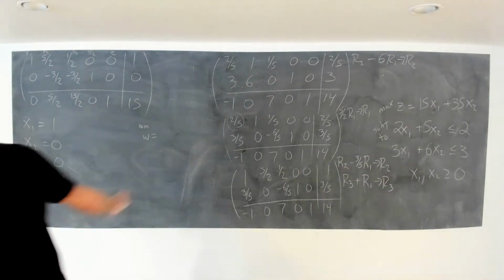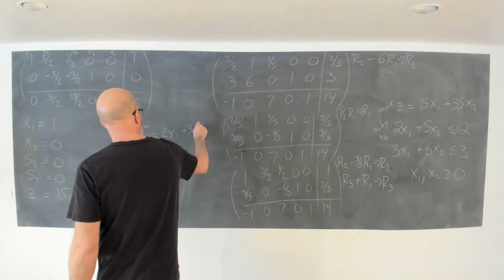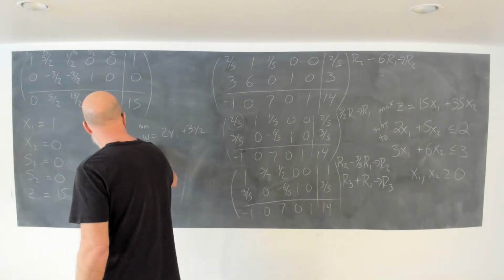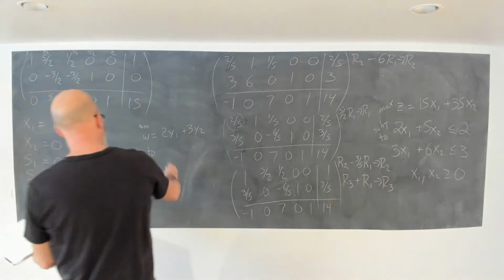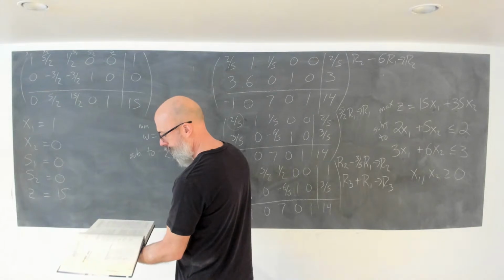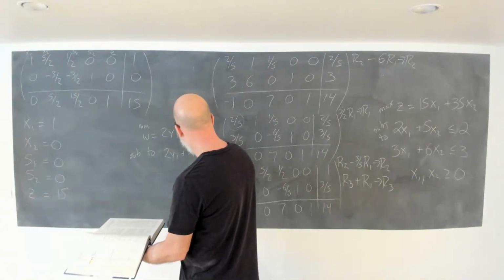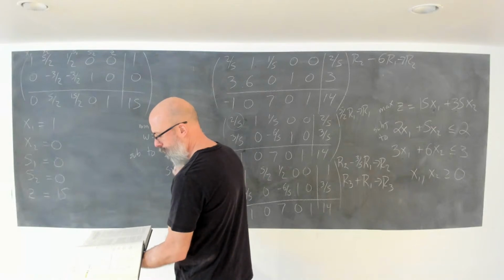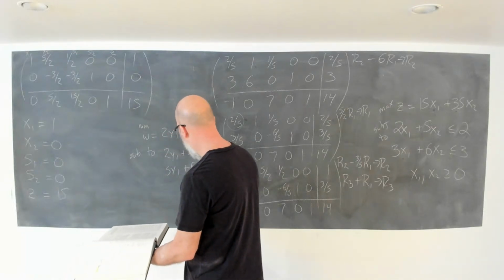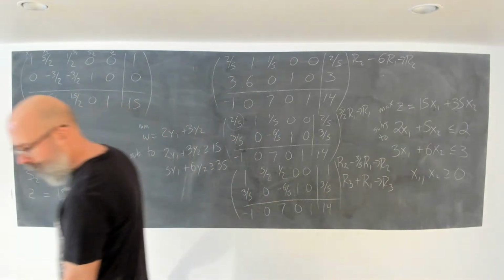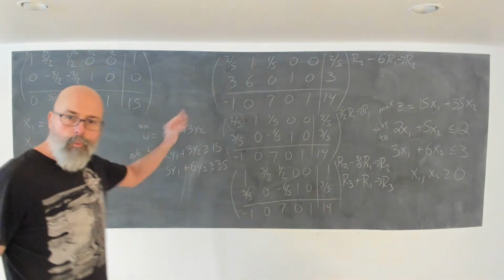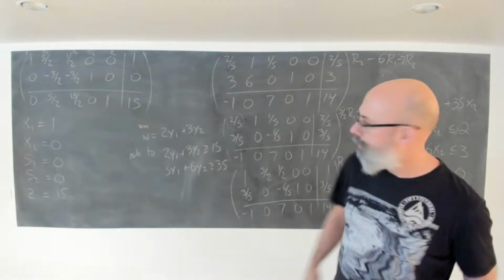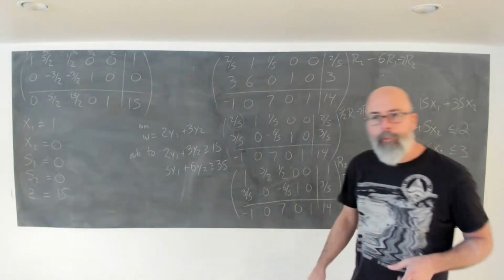Minimize 2y1 plus 3y2 subject to 2y1 plus 3y2 bigger than or equal to 15, and 5y1 plus 6y2 bigger than or equal to 35. That was the original question we had. So now, how does this answer relate to the answer for the standard minimum problem?